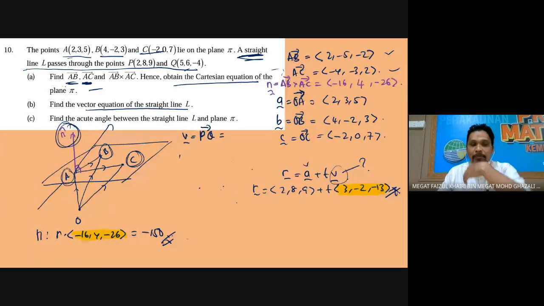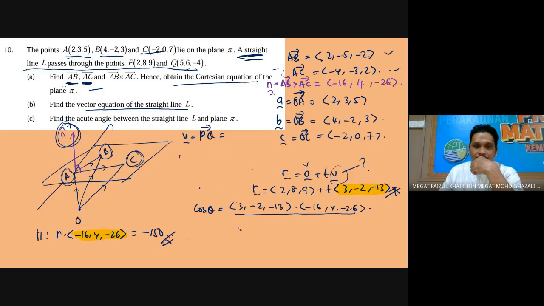Okay, so now cos theta equal to V dot N, V is (3, -2, -13) dot N, where N is (-16, 4, -26), divided by square root of 3 square plus negative 2 square plus negative 13 square, and then square root of negative 16 square plus 4 square plus negative 26 square.